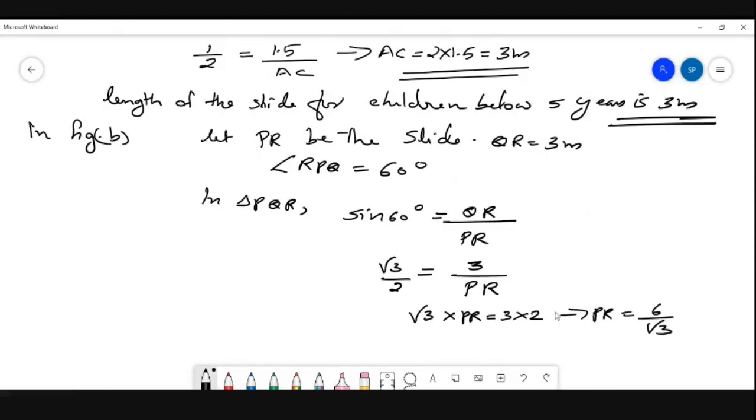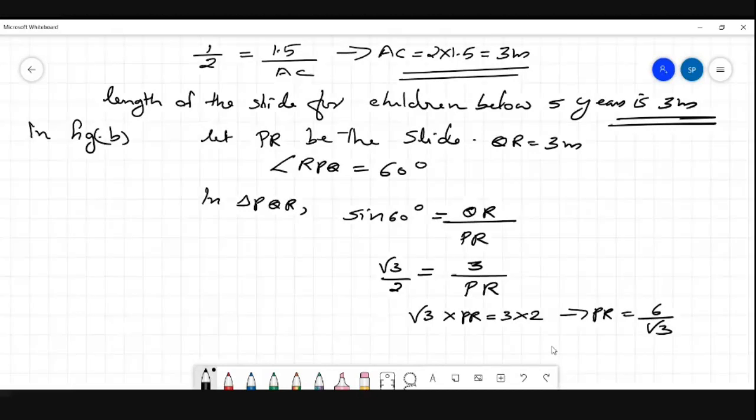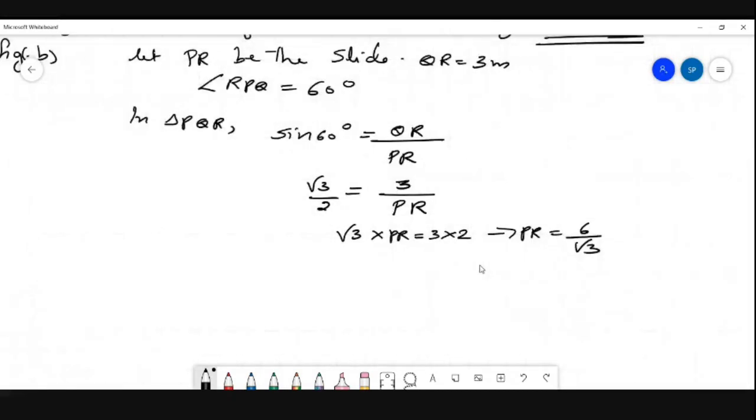We can rationalize the denominator. 6 divided by root 3, that is, to rationalize, multiply the numerator and denominator with root 3. So we get 6 root 3 by 3, that is equal to 2 root 3 meter.